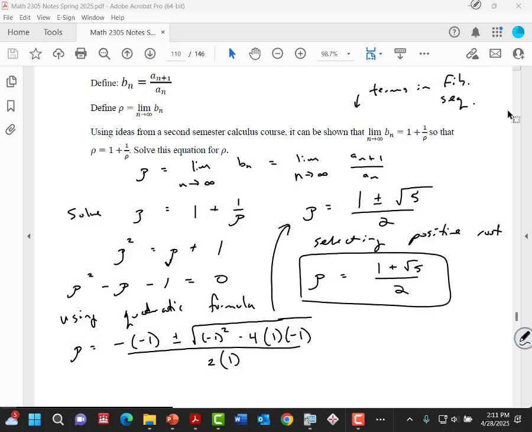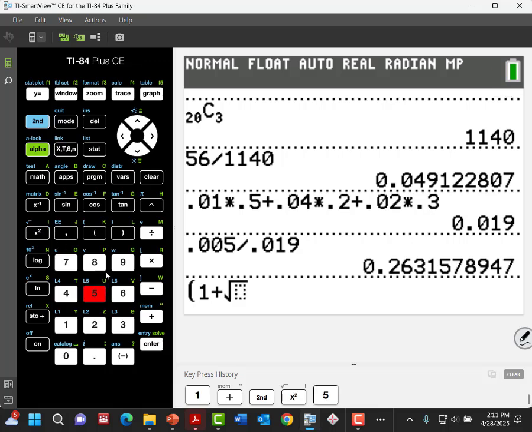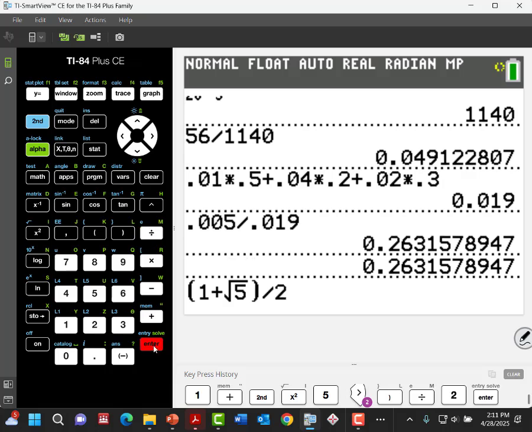Now this is what the number is exactly. I could approximate it. 1 plus root 5 over 2 if I wished. So 1 plus root 5 divided by 2.